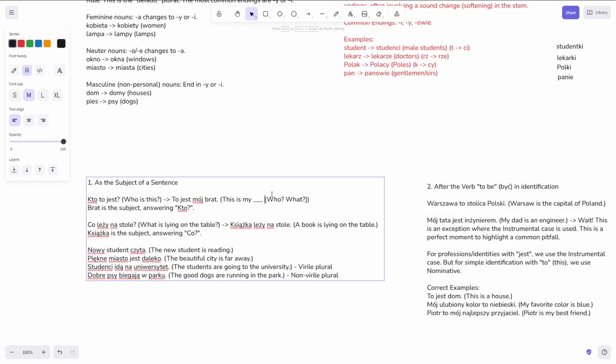Okay, so this is what these questions regarding the cases mean, okay? So when you have a blank and we want to include a noun, we have some helper words. This is my, and then we need to put a noun in a case that answers these questions, okay? Because this just makes sense.